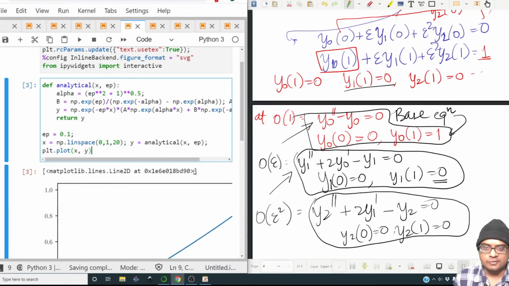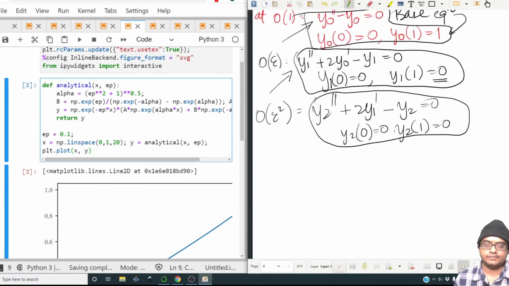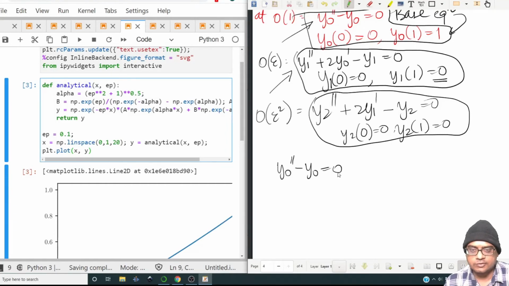Well, before going into coding, we need to find the solutions. So this is y0 double prime minus y0 equal to 0.